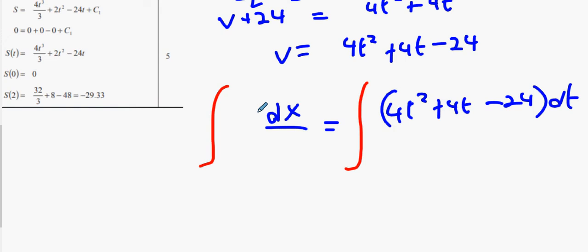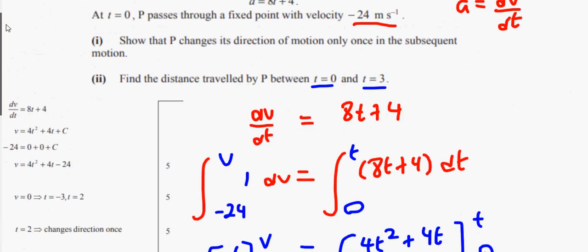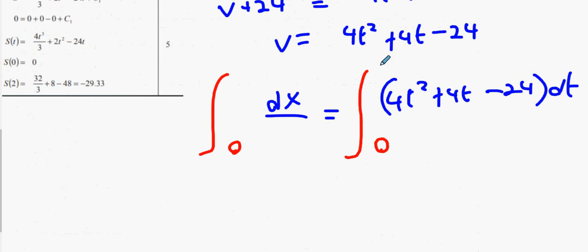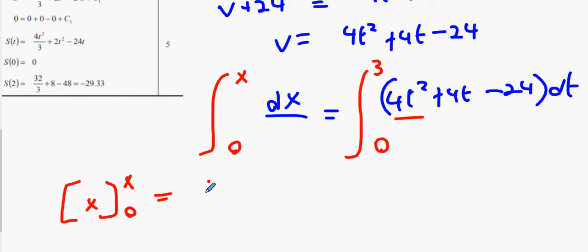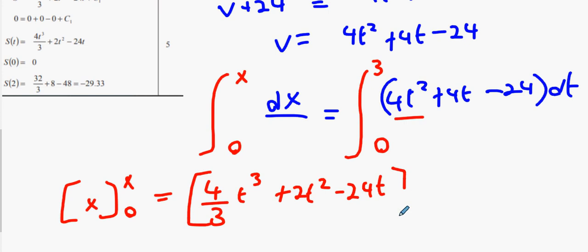What we're looking for starts at 0. Oh wait, I'm wrong actually. Oh, 0 and 3, no, I'm right. 3 on top and x on top, and then it's going to be x from x to 0 equals, integrate that, and we get 2 over 3 t cubed plus 2t squared minus 24t, all from 3 to 0.